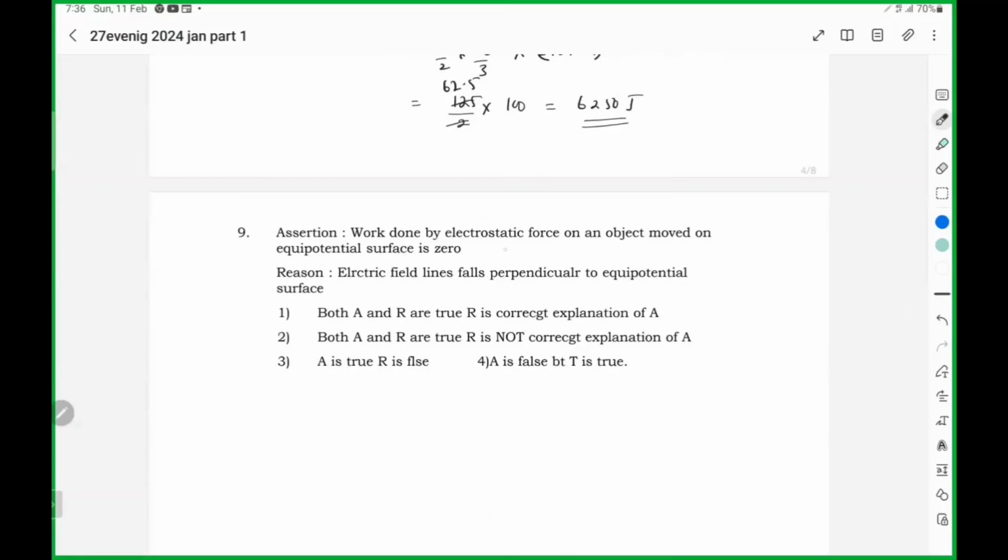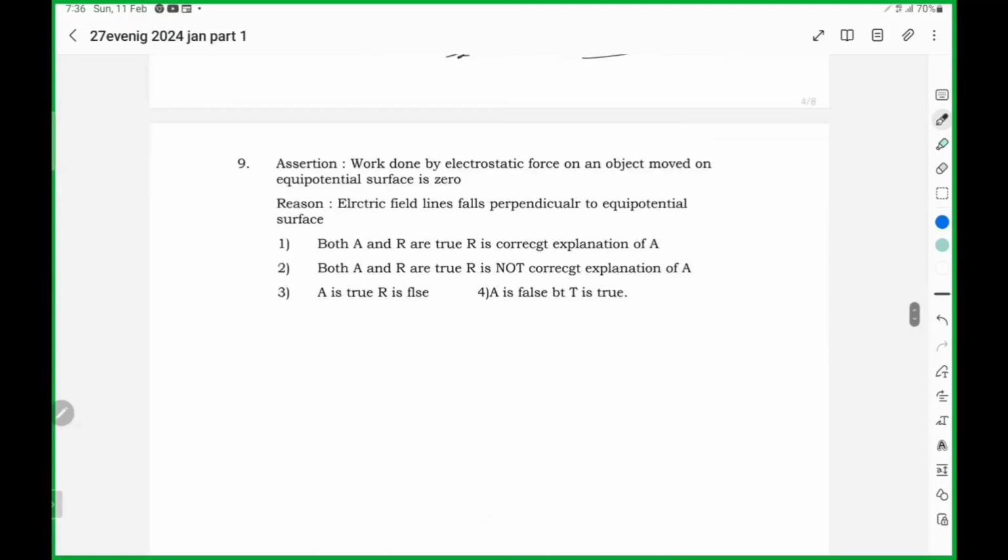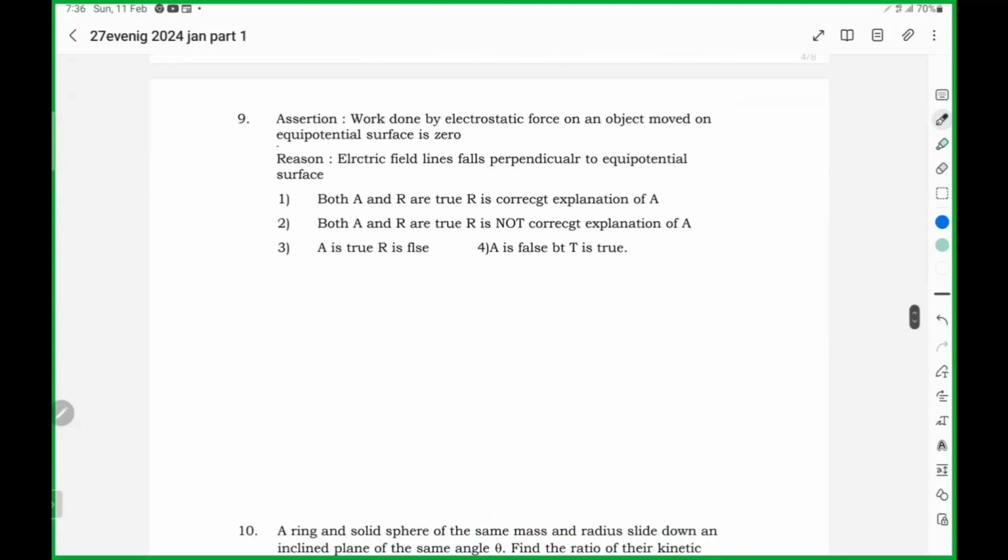So here, work done by electrostatic force on an object moved on an equipotential surface. An equipotential surface means, suppose you take a point charge. So potential at this point due to this charge will be how much? At a distance r, kq by r. Even if you consider at r distance, potential is this. Even at this point.